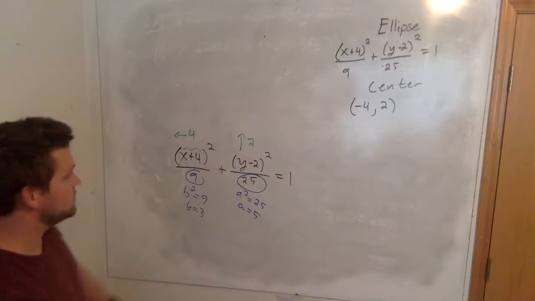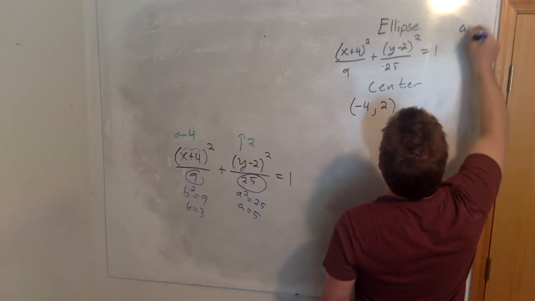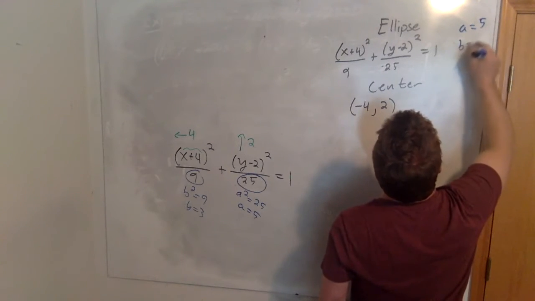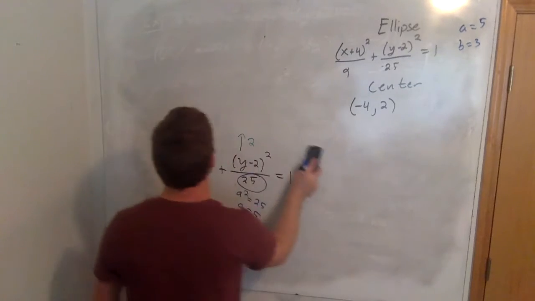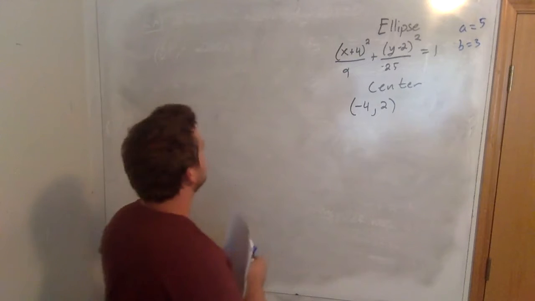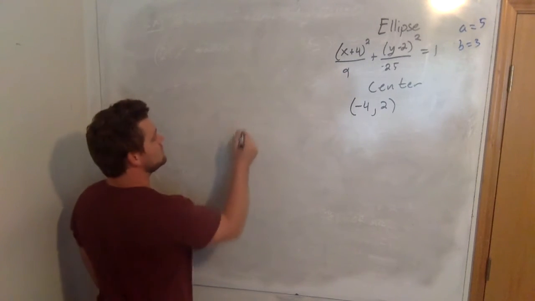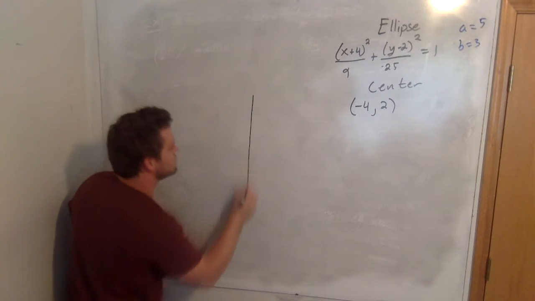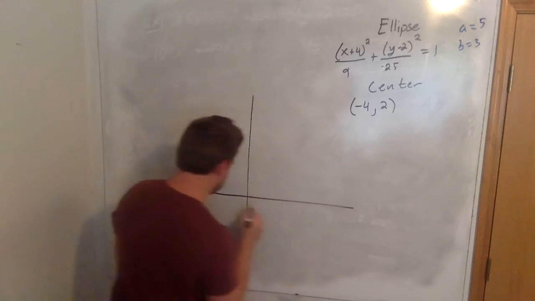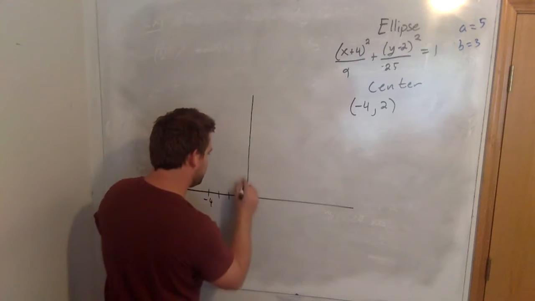Okay, let's sketch this. I'm going to record these right here. Our a is 5, and our b is 3. Our center is at -4, 2.